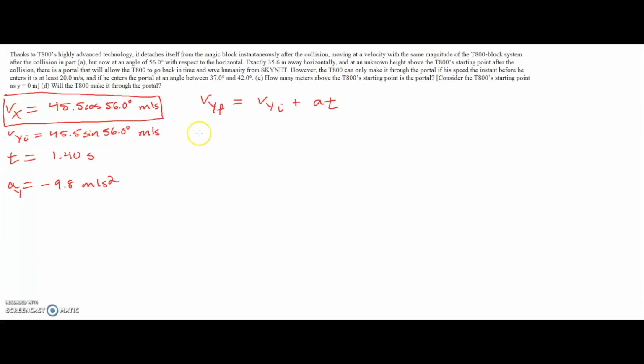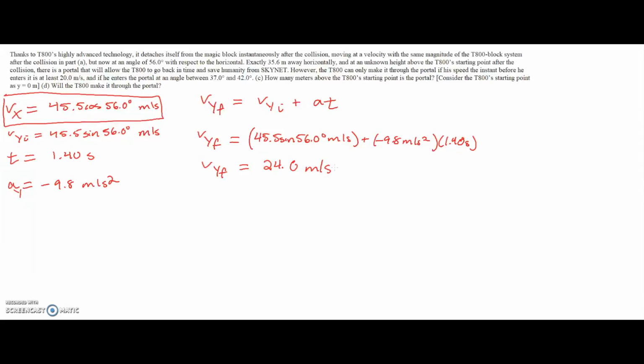So now all I have to do is plug it in to figure out our final velocity in the y direction. So we're going to find that the final velocity in the y direction is equal to 24 meters per second. And now we have to figure out the magnitude of the final velocity.